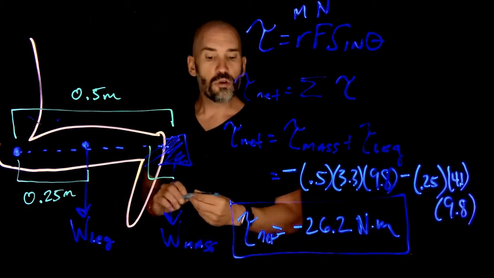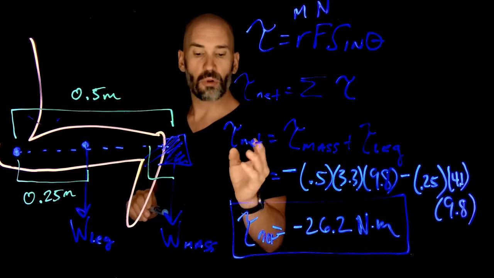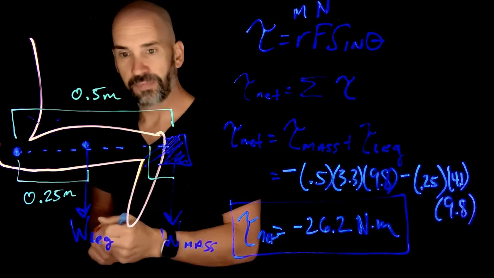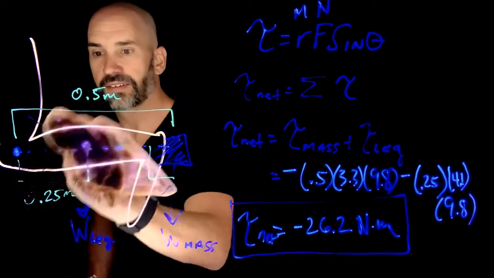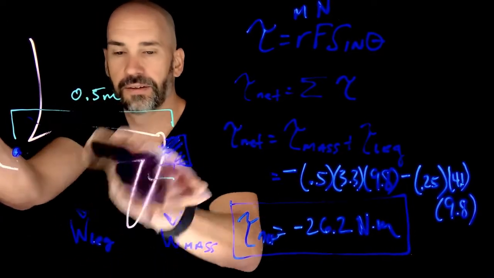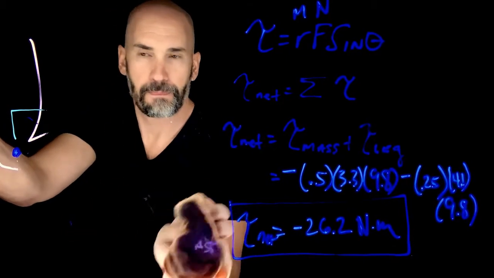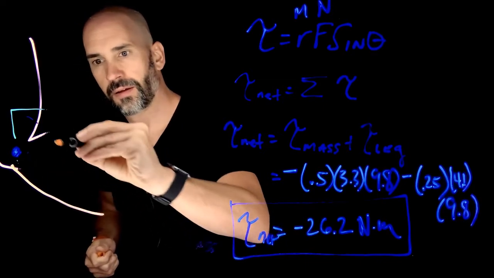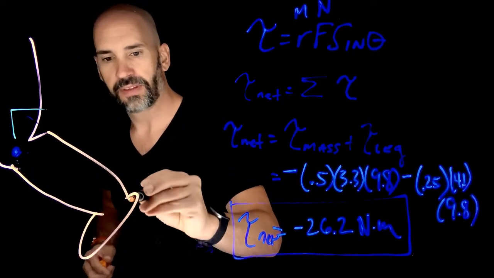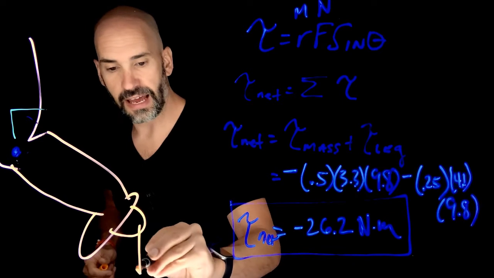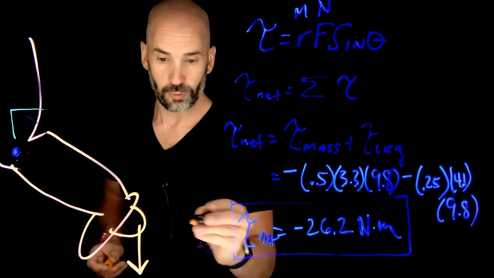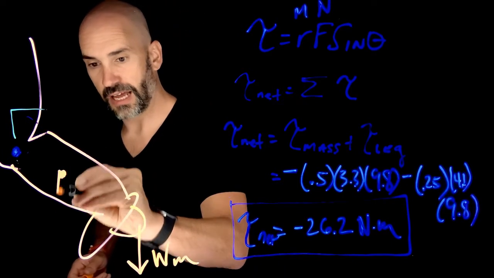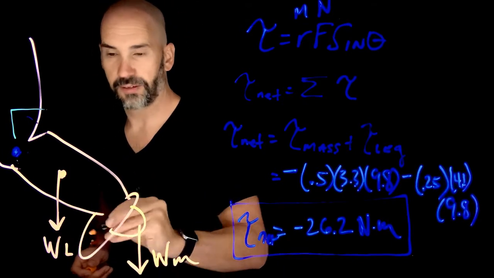And what would be the new torque after the patient rotated their lower leg 45 degrees down? So now instead, the leg is like this. And you still are going to have a weight due to the mass, and then you're still going to have a weight due to the leg, right?